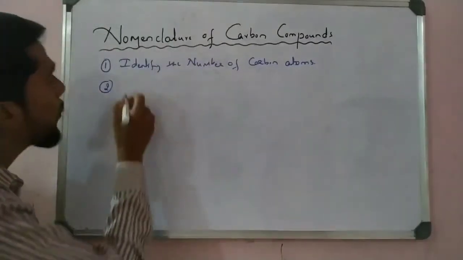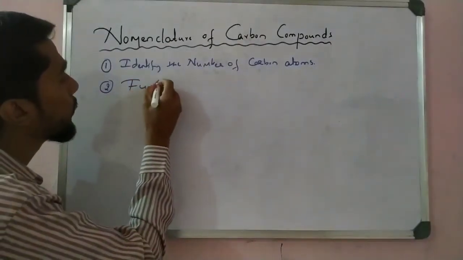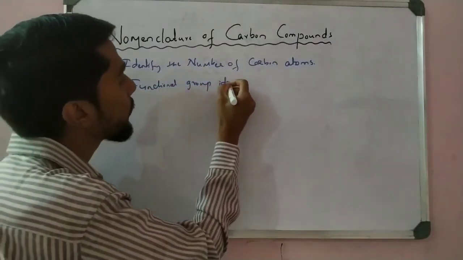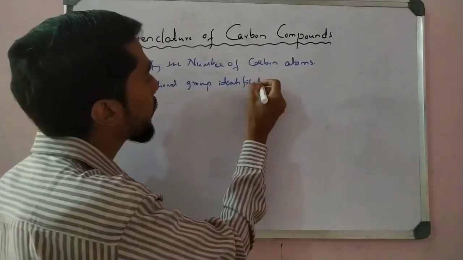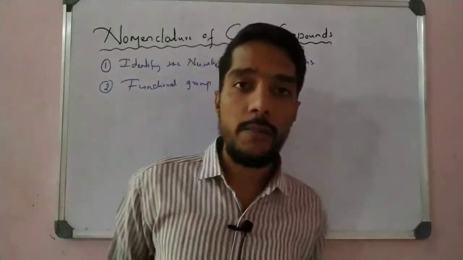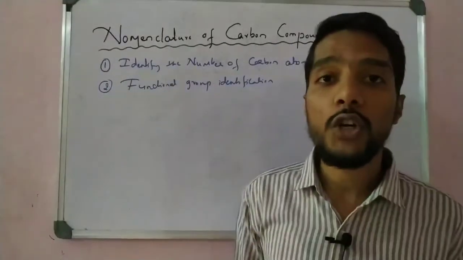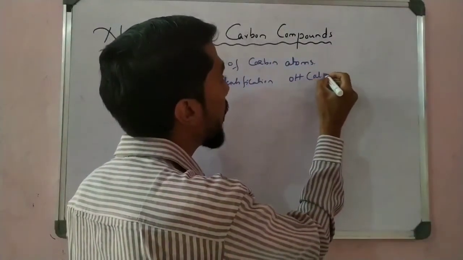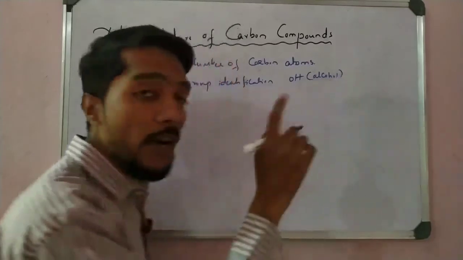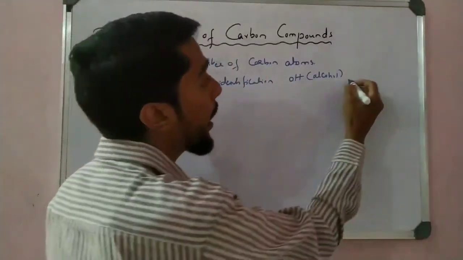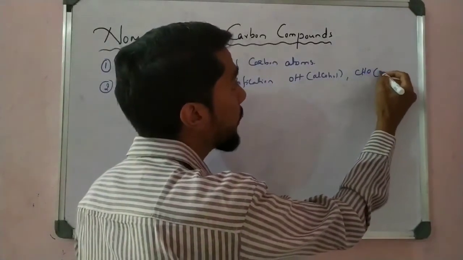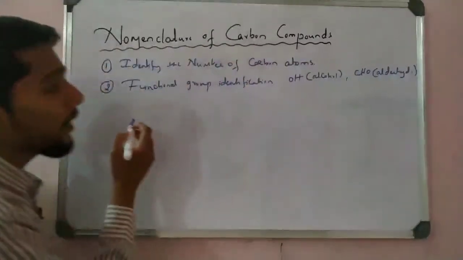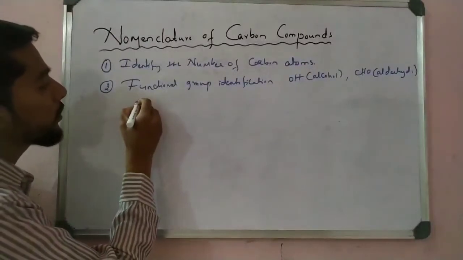The second step is about the functional group: functional group identification is very important. In the last video we learned about the functional groups. OH is for alcohol; in the place of hydrogen, OH means alcohol. CHO is for aldehyde.